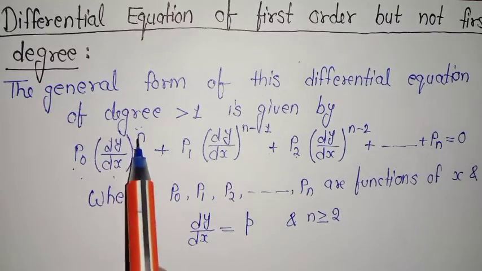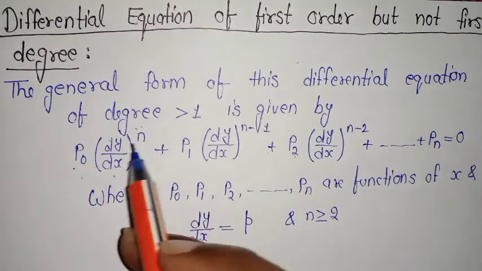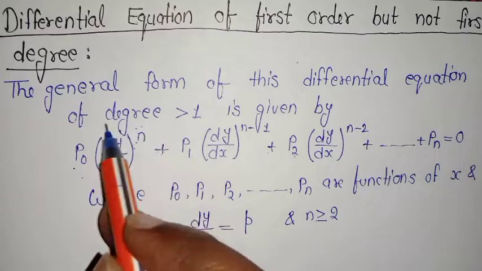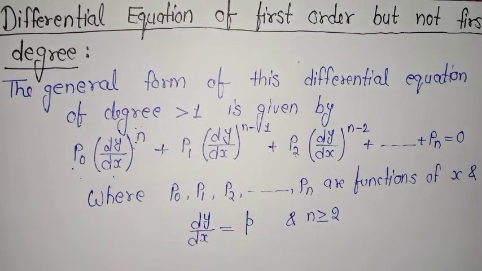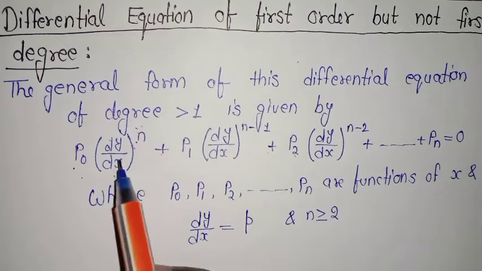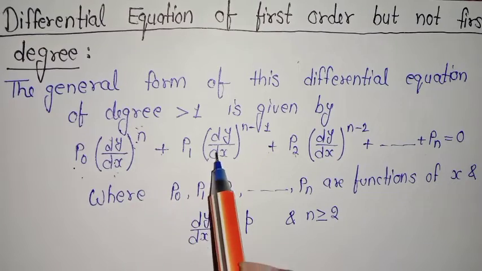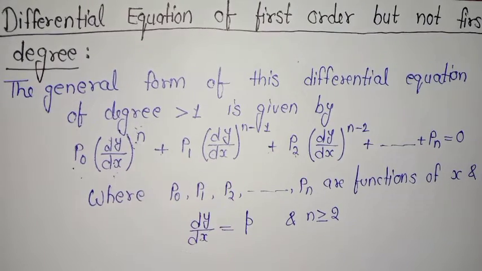Here you can see that the derivatives have power greater than 1, because the degree is always greater than 1. We were discussing differential equations whose degree was 1 in our previous videos. But now this type of differential equation is of first order, but its degree is always greater than 1.